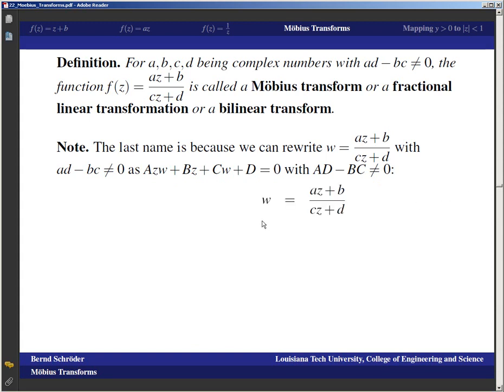Okay, how would that go? Well, you take your w equals az plus b over cz plus d, and you get rid of the denominator. You get w(cz plus d) equals az plus b.